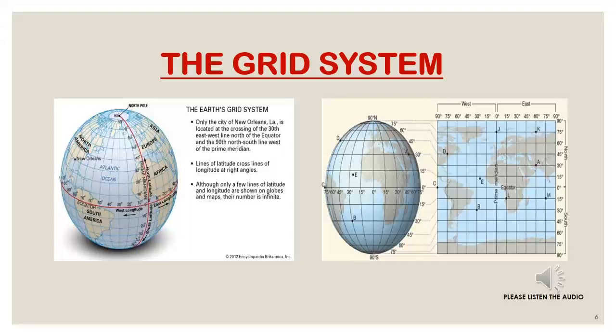The parallels help us to locate a place north or south of the equator. And on the other side, the meridians do the same to the west and east of the prime meridian. The point where these given lines intersect gives the precise location of the place.